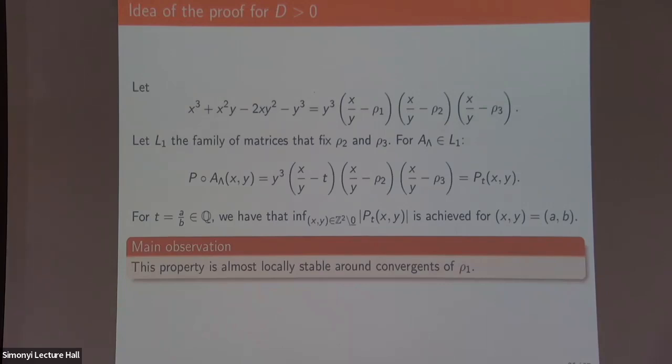I will explain better on the next slide, but it roughly means that if I go very close to some a over b that's a convergent of rho 1, with very high probability, I am also minimized by the same a and b.